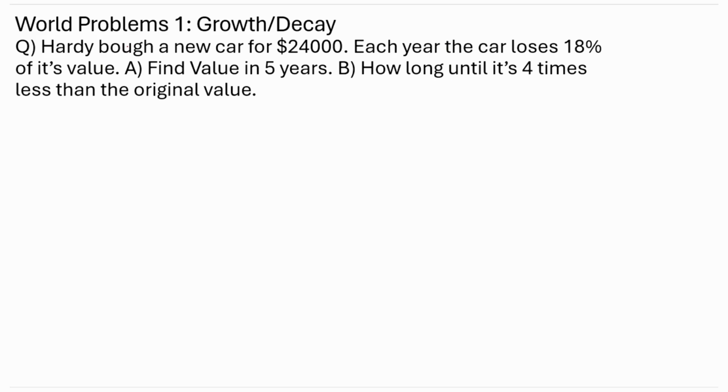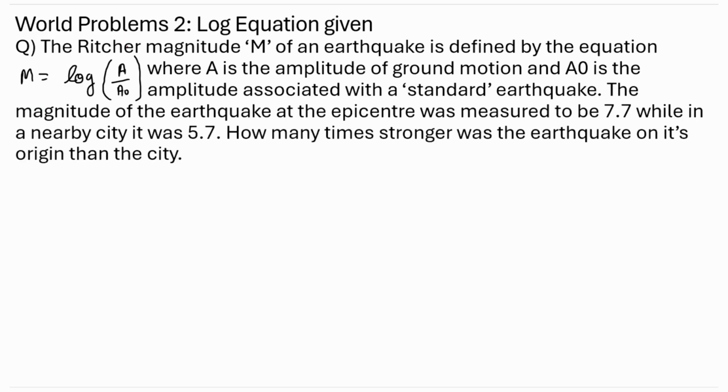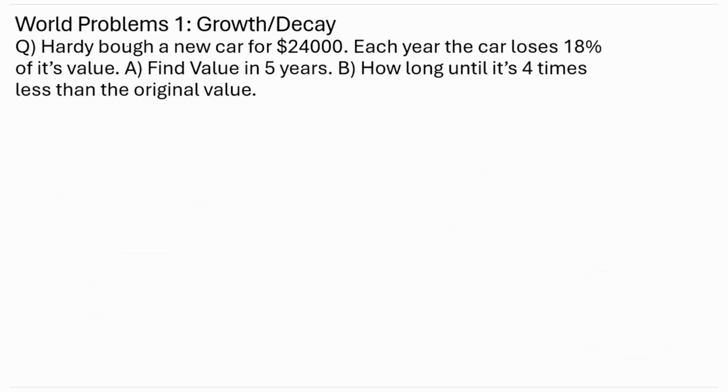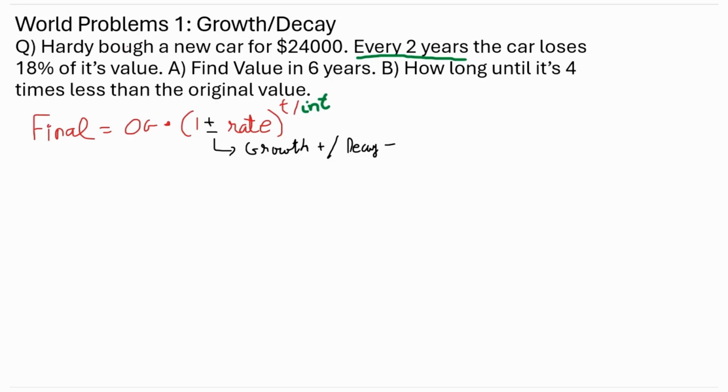Because for the other types, you're either going to be given a log equation or it's going to be compound interest. If it's not compound interest and not a log equation, then you know it's growth and decay. With growth and decay, this is the formula. It's not going to be given to you, it's not on the formula sheet because it's pretty intuitive.